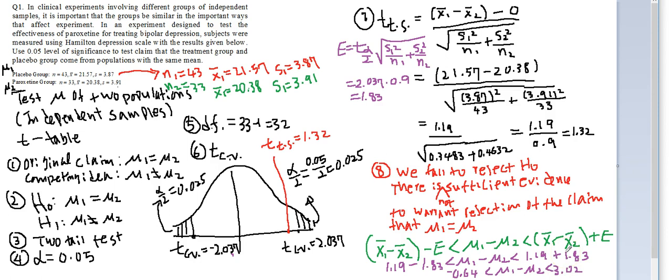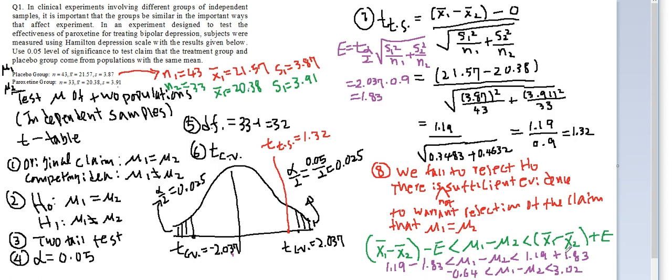So the interpretation should be, we are 95% confident that the interval from minus 0.64 to 3.02 does contain the population mean of mu, right?